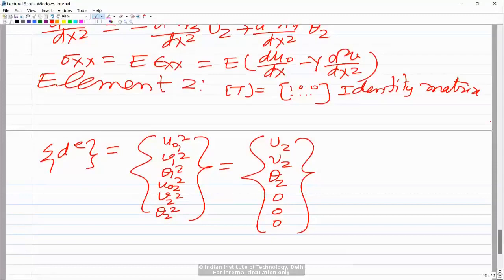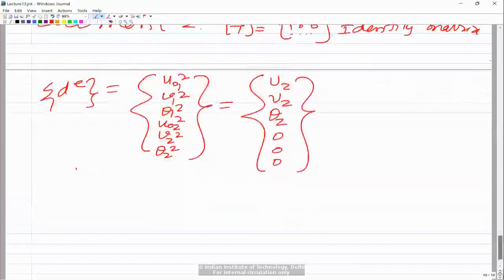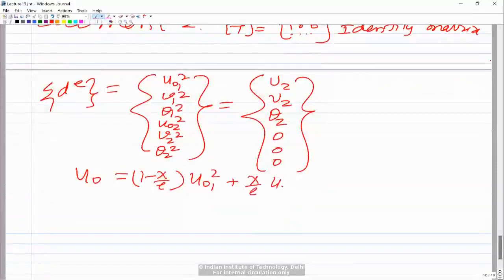Once you have got this, you can write u0 for element 2, which would be 1 minus x by L into u0 1 for element 2 plus x by L into u0 2 for element number 2. Because this is already 0, it becomes 1 minus x by L into u2.